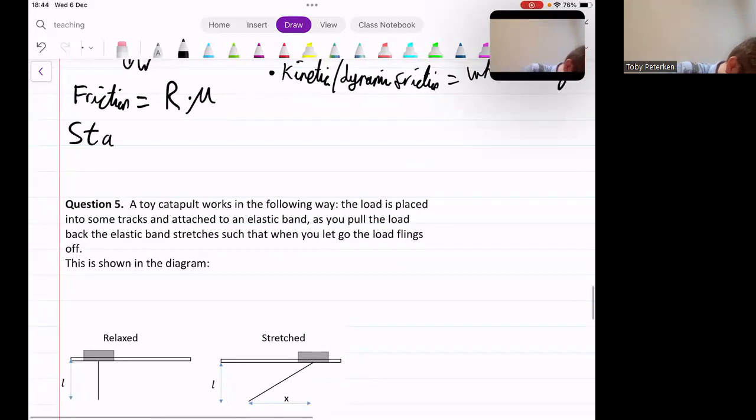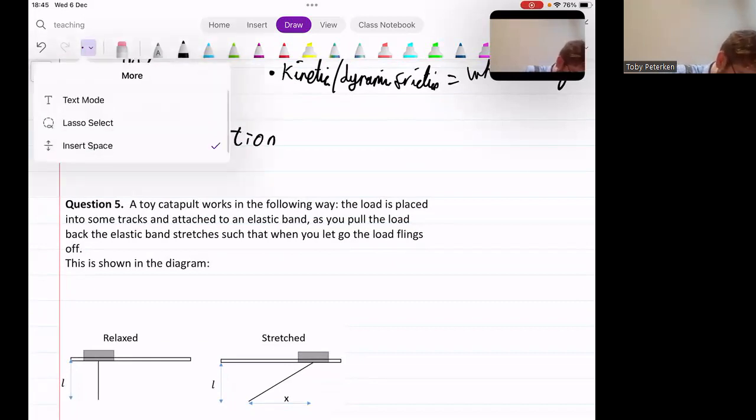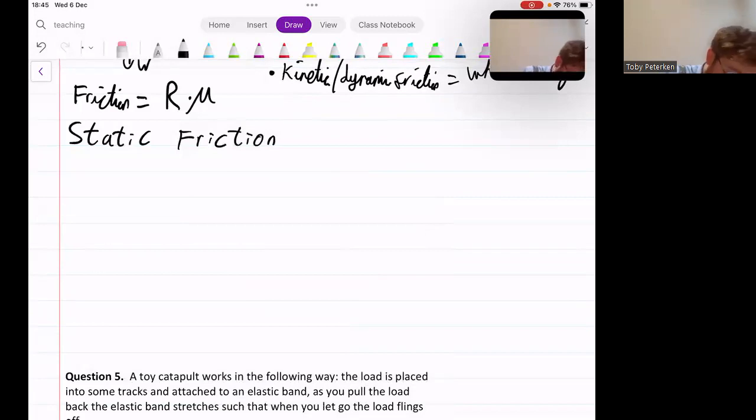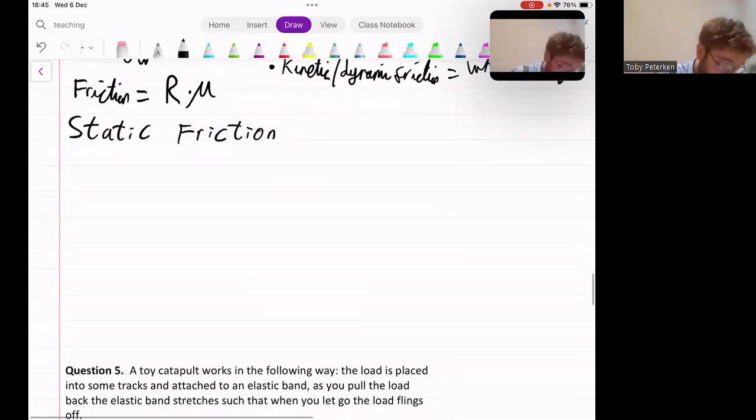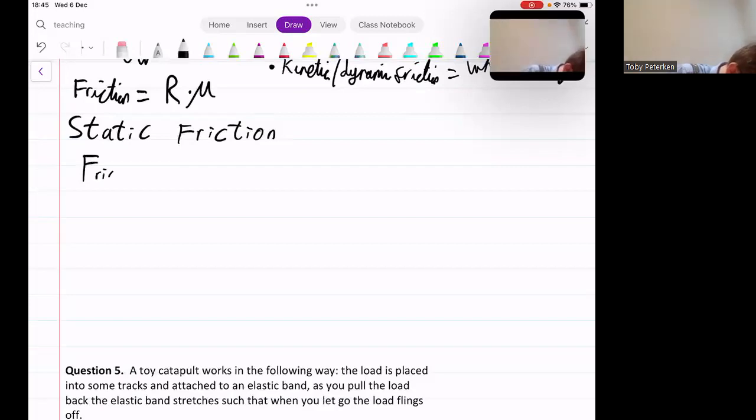So for static friction, we have the friction force is always less than the reaction force times mu, so the coefficient of static friction.